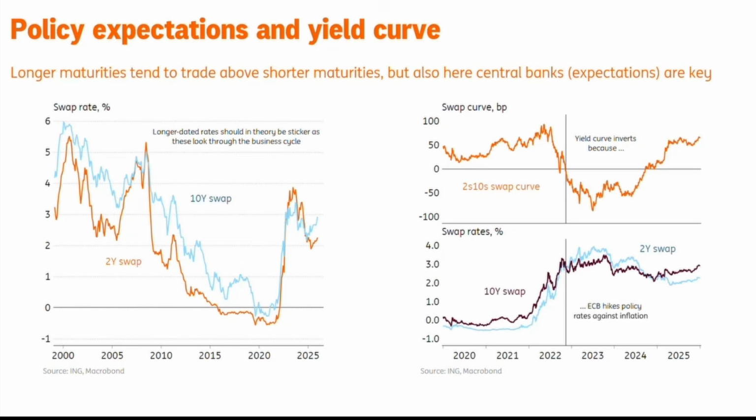So this is markets saying we expect the ECB in the near term to really tighten policy, really hike well beyond where we see the ECB go in the long term. And that means the 10-year doesn't have to follow all the way up. You can see the inversion happened around 2022 simply because inflation was really high at the time. It wasn't about recession risk, a lot about inflation.